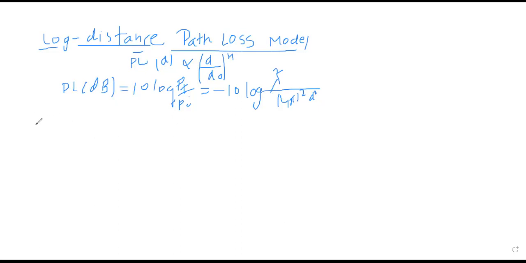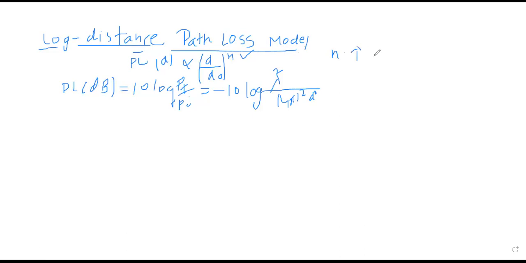And we are seeing that n is the path loss exponent in these equations, which indicates the rate at which the path loss increases with distance.